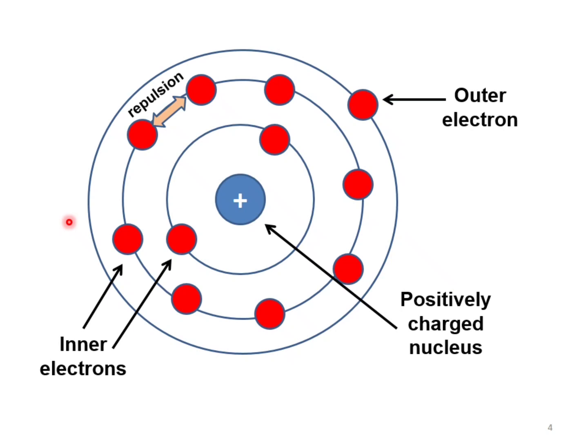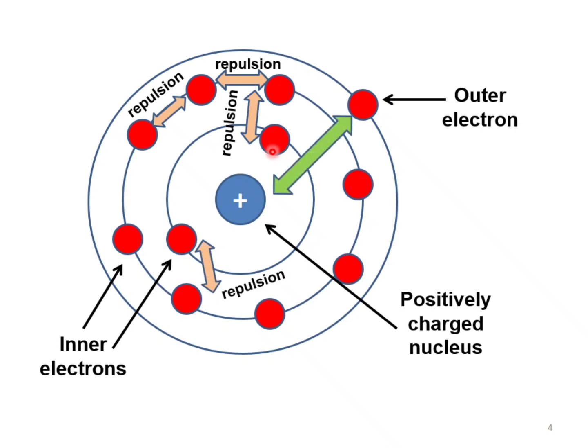Alright, so we know that electron and electron akan repel. Okay, why? Because electron and electron mempunyai same charge, negatif kan. So negatif dia takkan attract, dia akan repel. Okay, dia akan berlakunya repulsion kat situ, saling tolak menolak.